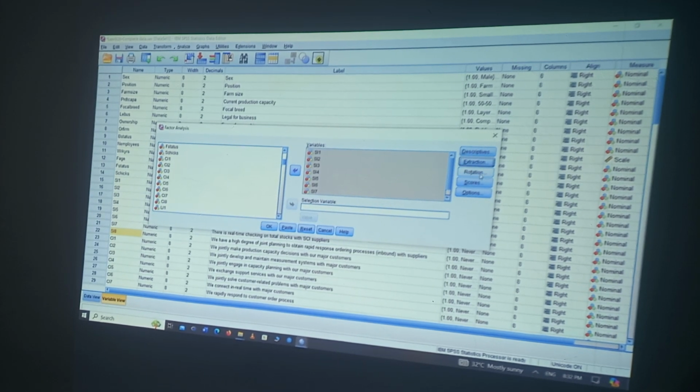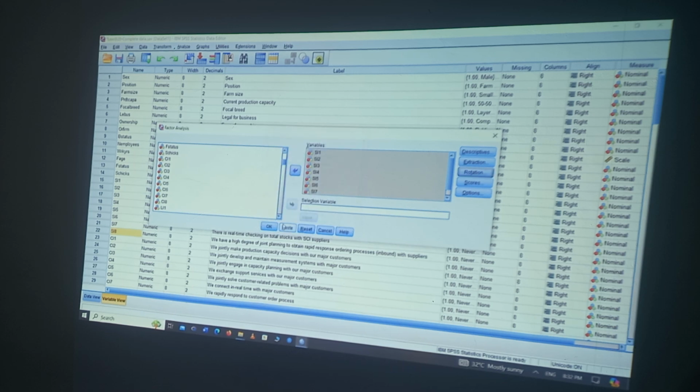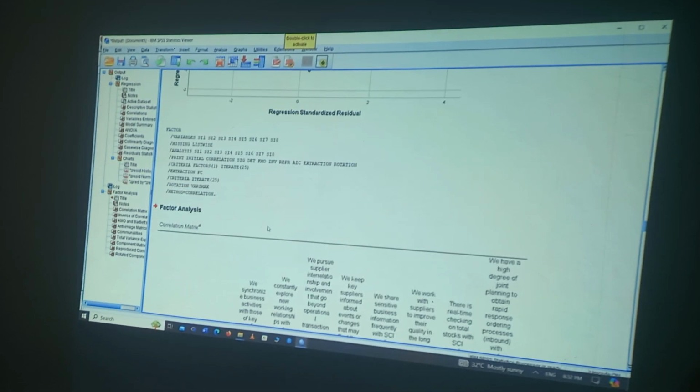Then you go to Rotation. We have a lot of rotation methods, but normally we take Varimax, because it's a popular rotation method. It has its own technical advantages, so you can read about it. So Varimax rotation, then click on Continue, and then click on OK. That's all. The results will come.